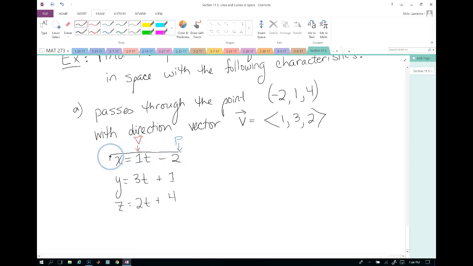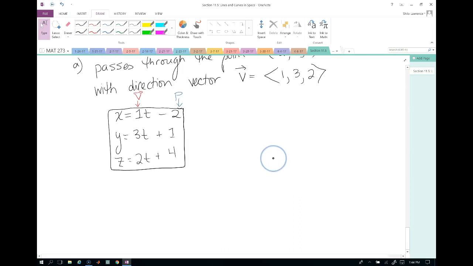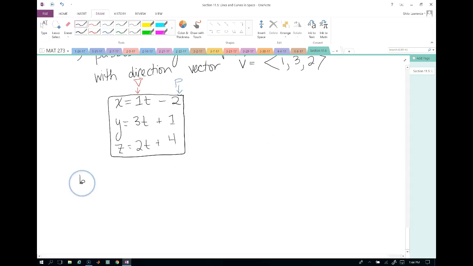This is our final answer. This is what we were asked for: parametric equations for that particular line. So that is like the easiest, most basic one we could do because they give us the exact information we need. Suppose we know 2 points that the line passes through.